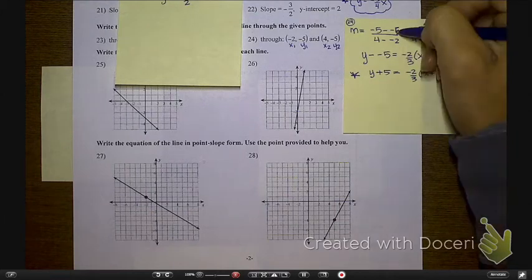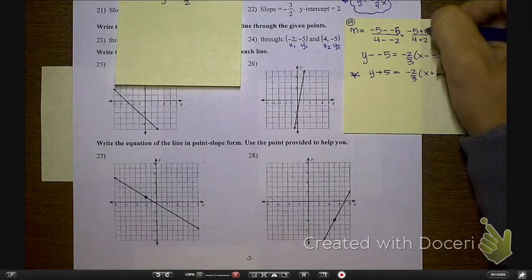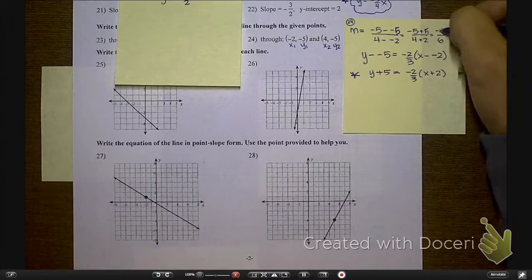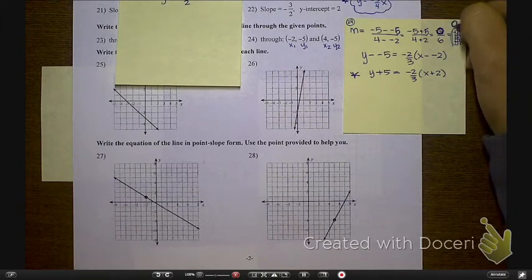Okay, so what is this supposed to turn into? Negative 5 plus 5, which is what? What's negative 5 plus 5? 0. What's 0 divided by 6? Yeah, it's not negative 2/3. It's 0.